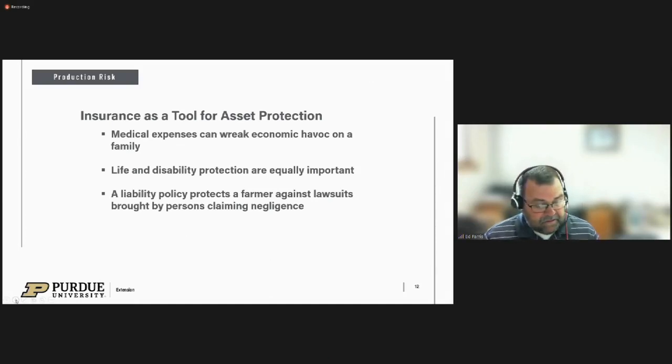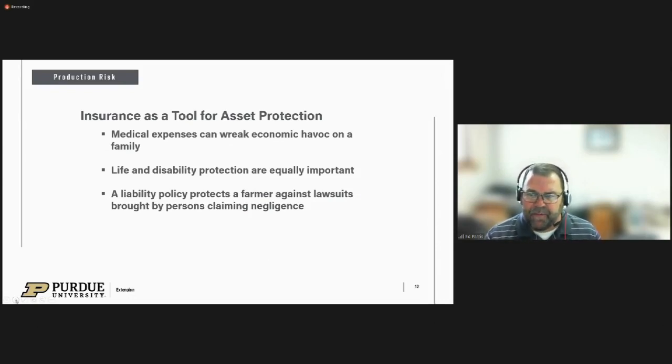And then it's important to distinguish between life and disability protection, because most people do think about life insurance, but not always disability. But the statistics show that farmers are more likely to be disabled than killed in accidents. So it's important to think about those differences between the protection you have with insurance.